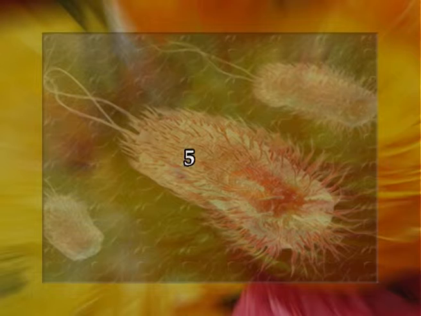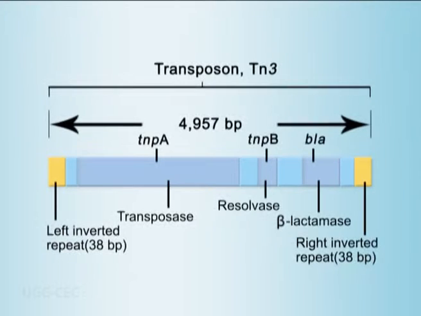Tn3 is 5 kilobase with 38 base pair inverted terminal repeats and includes 3 genes: beta-lactamase, transposase and resolvase, which functions in recombination.